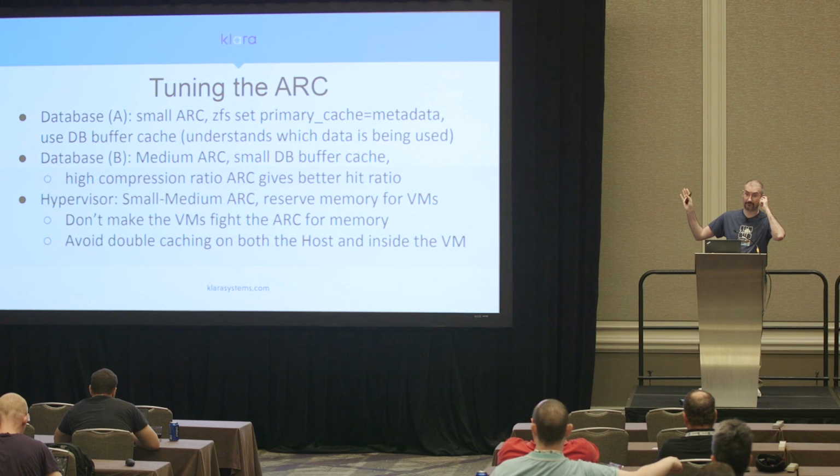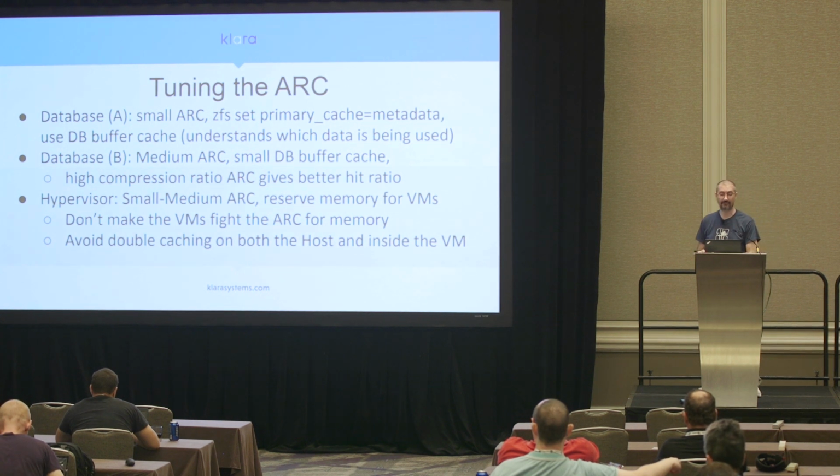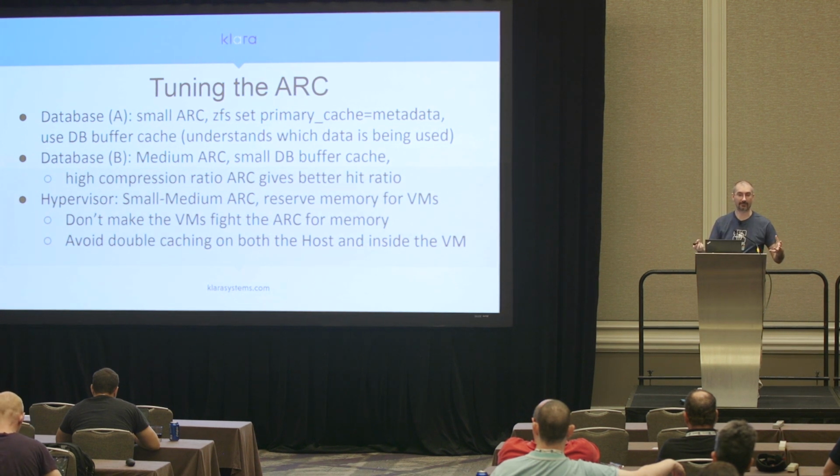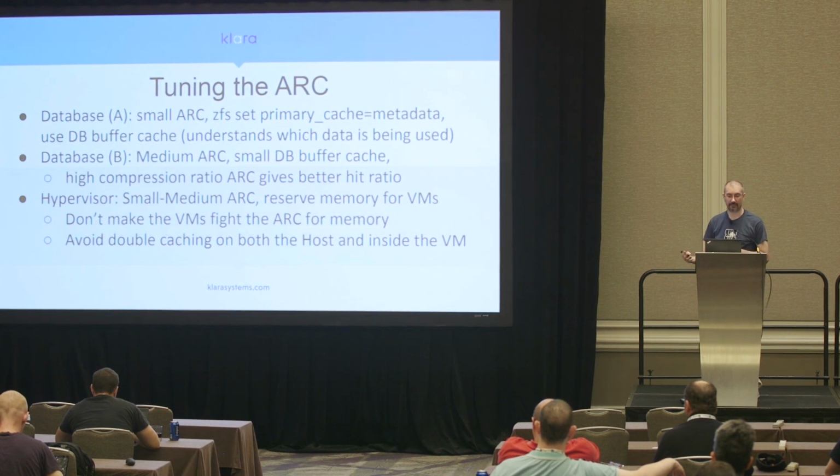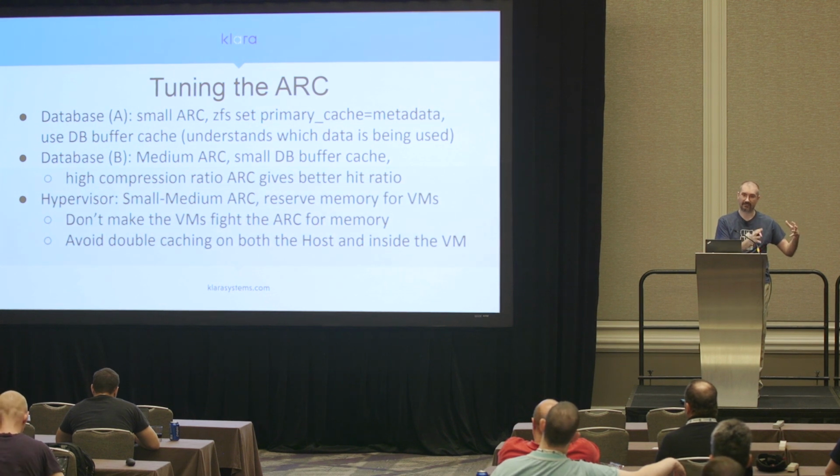Now to touch on a bit of what Benedict talked about in his talk yesterday, there are two different schools of thought on how to tune ZFS for a database. The first and original school of thought, especially before the concept of the compressed ARC, was you actually want to make the ARC small and tell the data set where you're putting the database to only cache the metadata, not the data, because you're going to have your database server use its buffer cache to cache the data in the database.